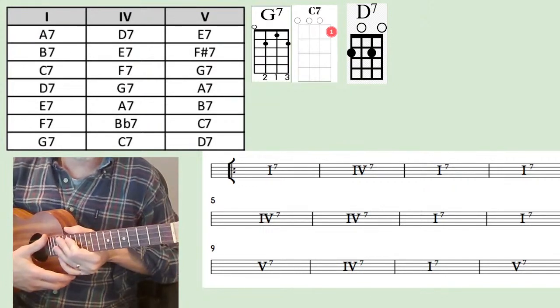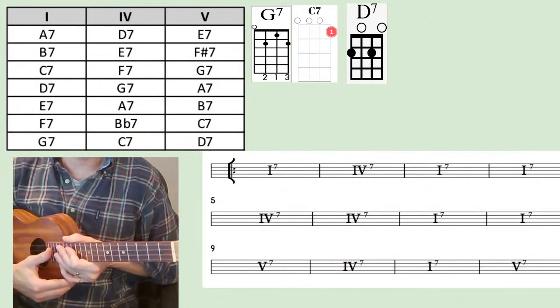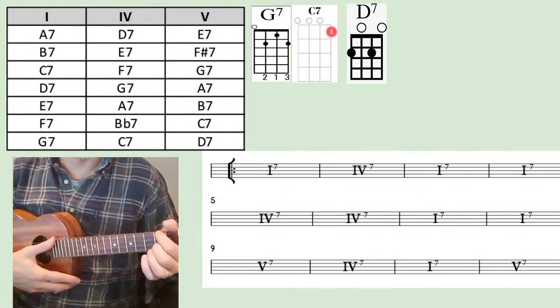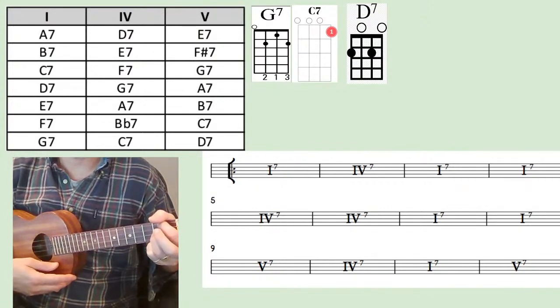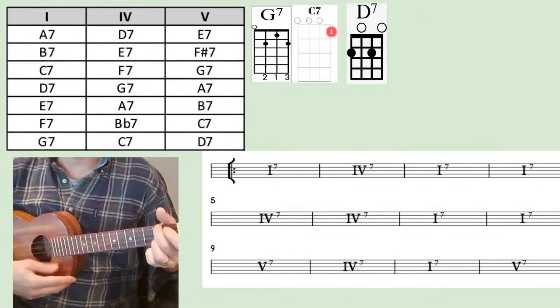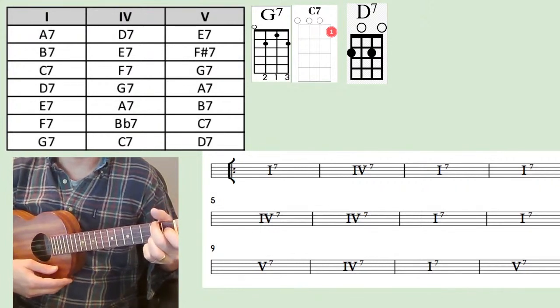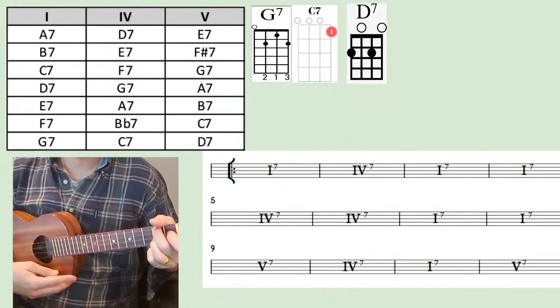I like to play the D7 with my second and my third fingers. You can play it however you want. You can do 1 and 2 if you want. You can do 1 and 3 if you want. I find that awkward. But I like second and third, personally. So my middle finger is up there, almost like you're playing an F, and then you drop your ring finger below it with a string in between.